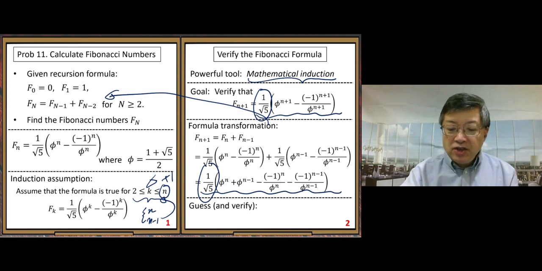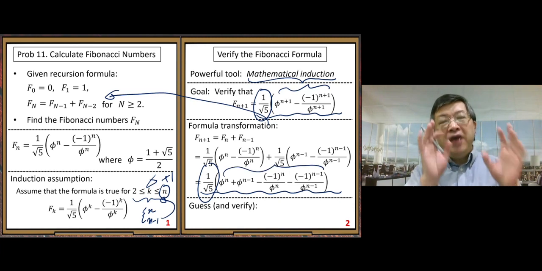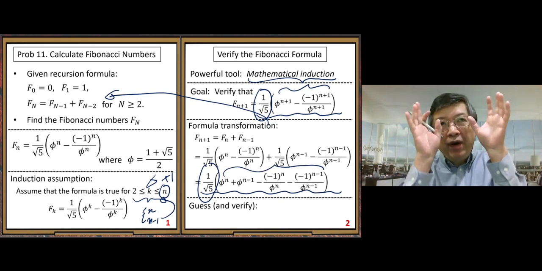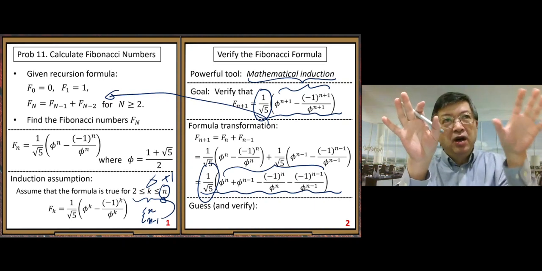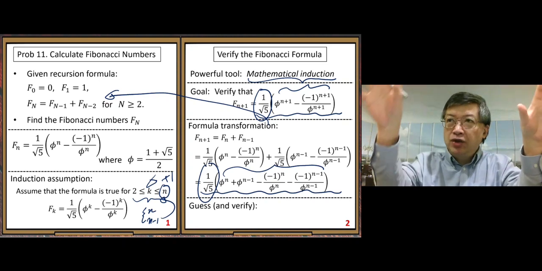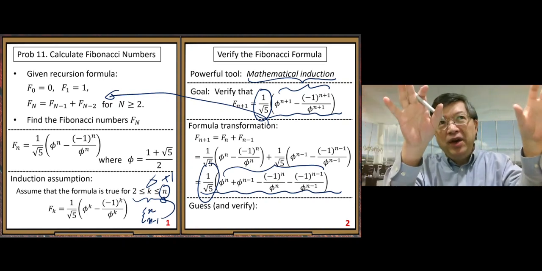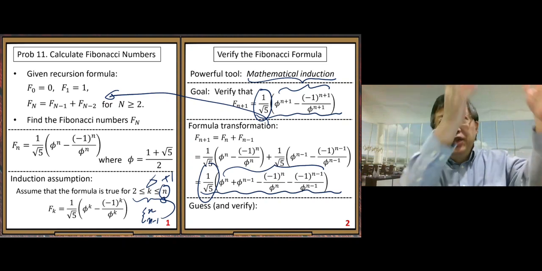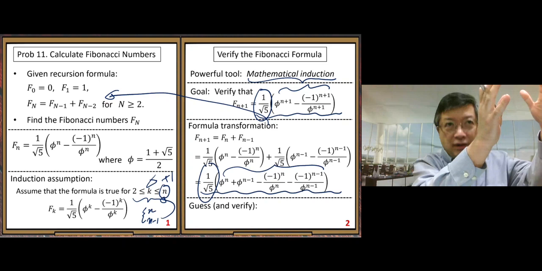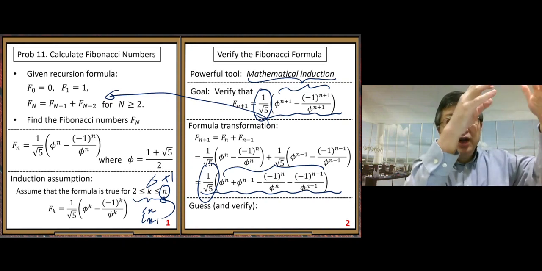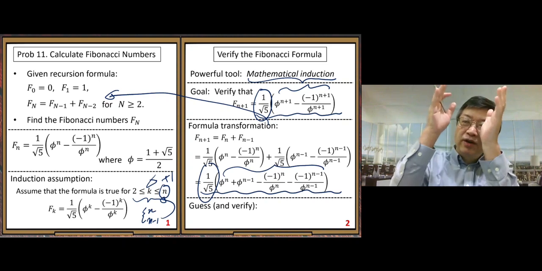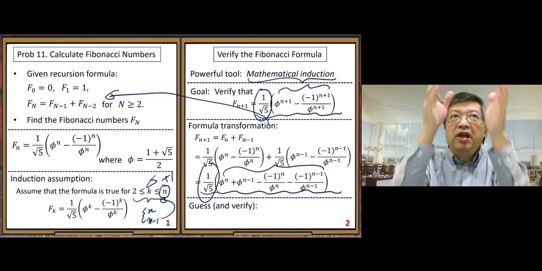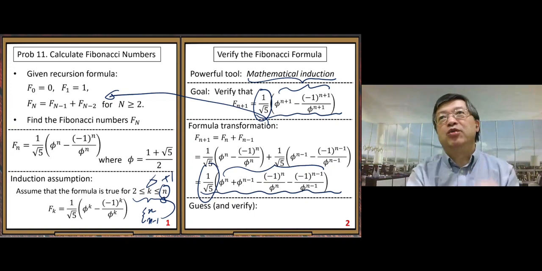Then, the part inside parentheses should be the same. The part inside parentheses has two groups based on the structures. Monomial terms, fractional terms, right? In our guess, the monomial terms part, similar structure, that part should be equal. Fractional structure part, they have similar structure, they should be equal. That's our reasonable guess.